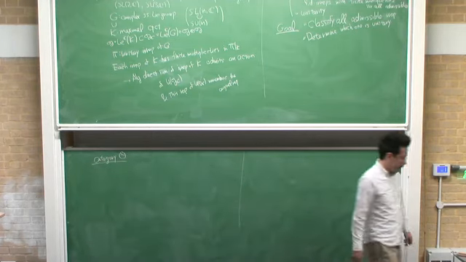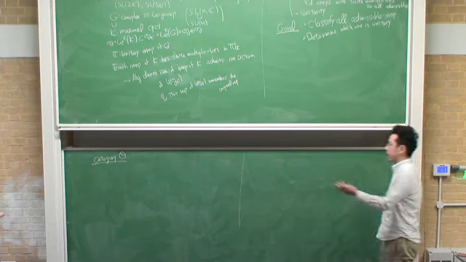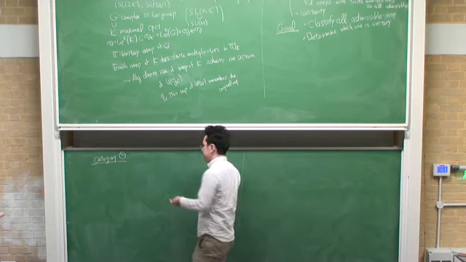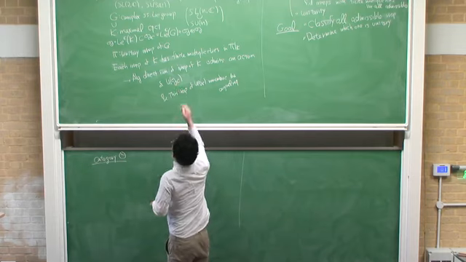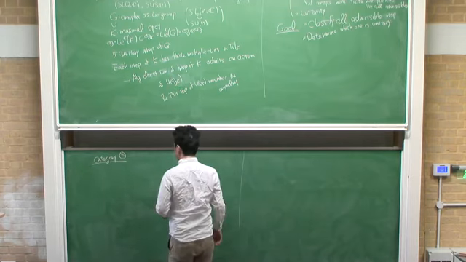Category O is a nice category of modules over the universal enveloping algebra of g, U(g).